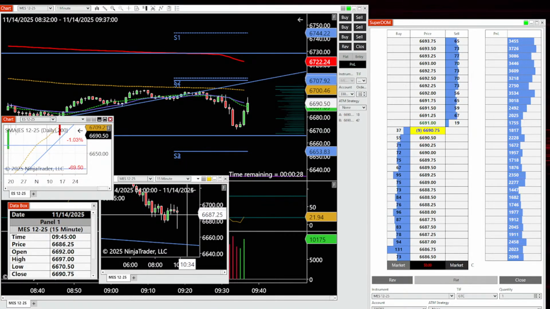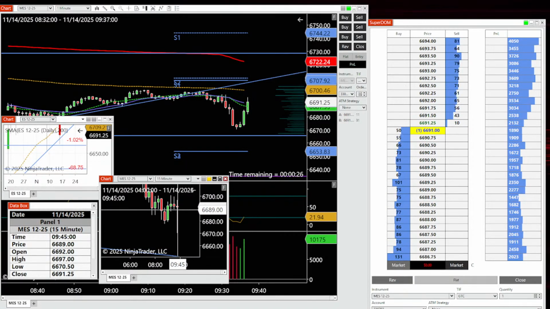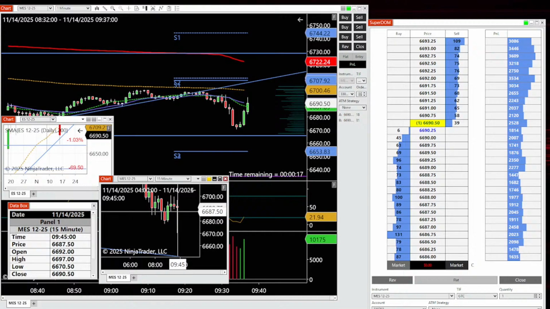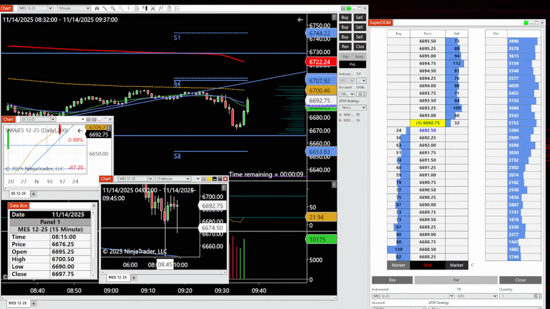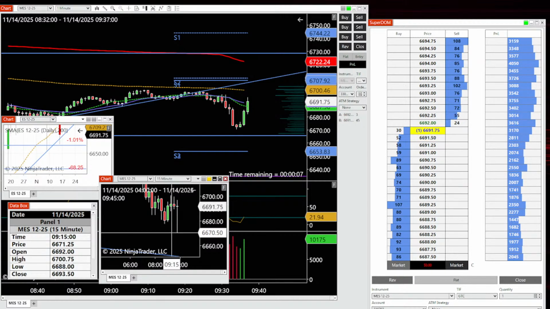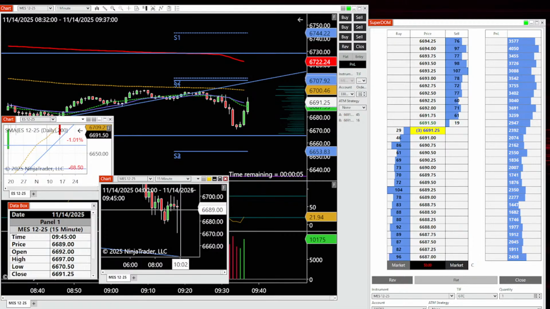But with the dump that just happened, what's this open? 92? Yeah, we can get some shock here at 92, but with the dump that just happened, I want to see. They're gonna get squeezed. These orders that were down here may get squeezed.